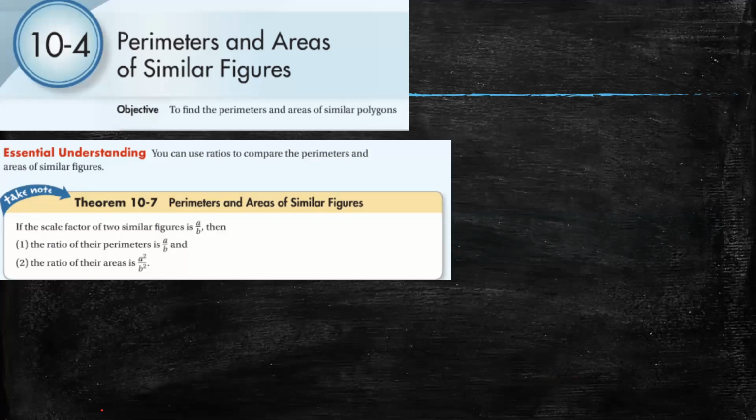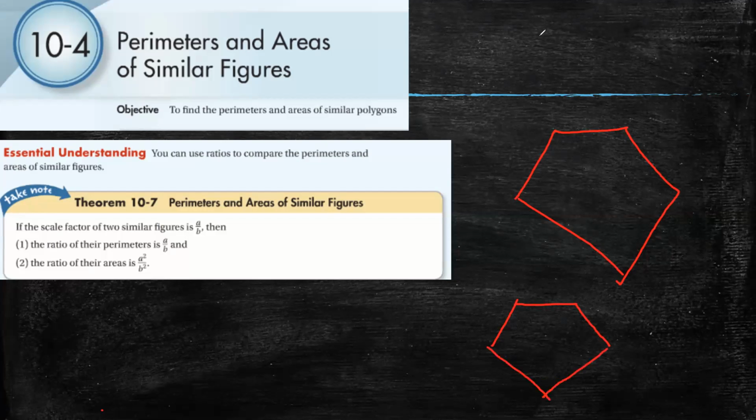In this lesson, I give you the scale factor of two similar figures. I mean that if you have this polygon and another one that's smaller than it, and I give you a scale factor.